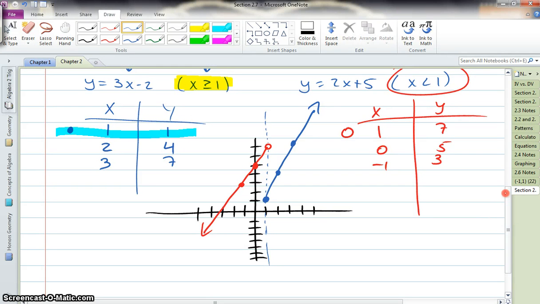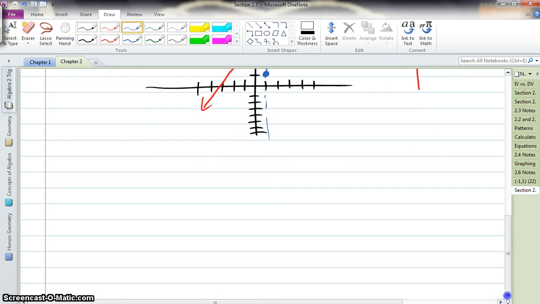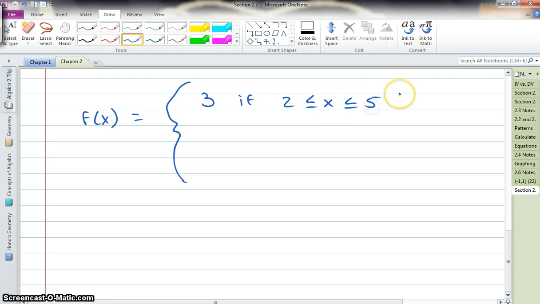Now, sometimes you won't always have 2 functions. Sometimes we can graph 3 or 4 at a time. For instance, let's take a look at this next one, and this is called a step function. All right, so we're going to have f of x equals 3 if x is greater than or equal to 2 and less than or equal to 5.